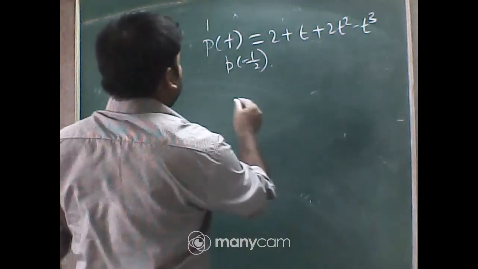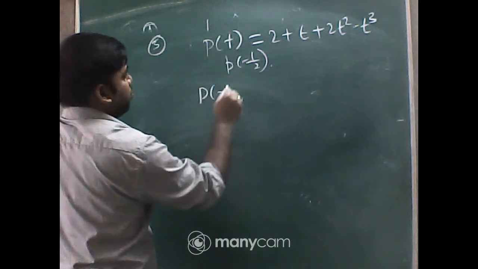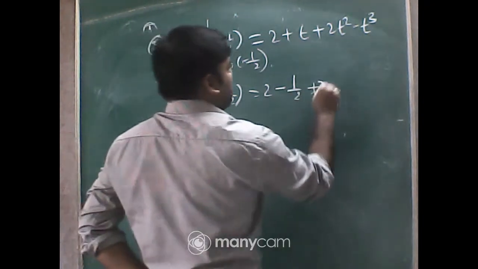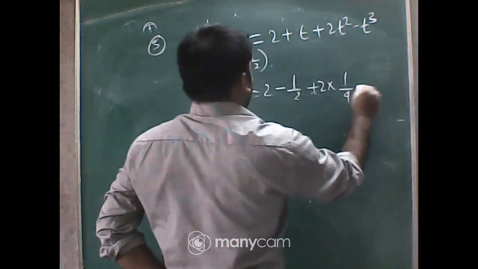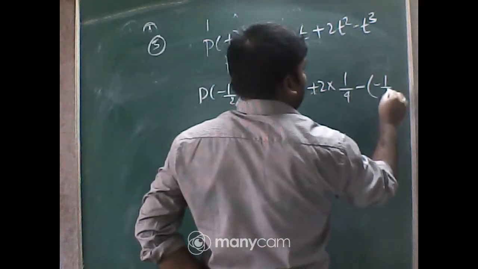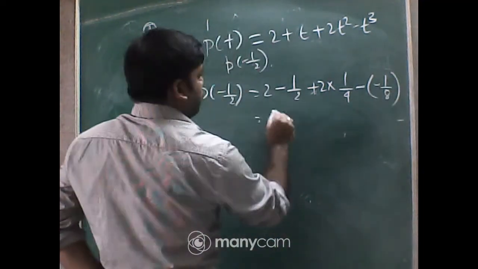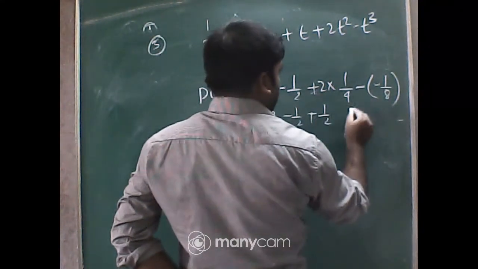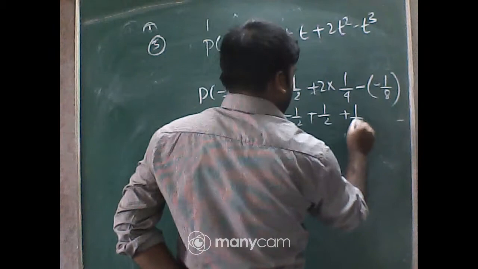Okay, so p of minus 2: minus 2 plus 2 into 1 by 4 minus t cube. Now minus t cube means that is 1 minus 1 by 8. Now 2 minus 2 plus 1 by 2 minus 1 plus 8.